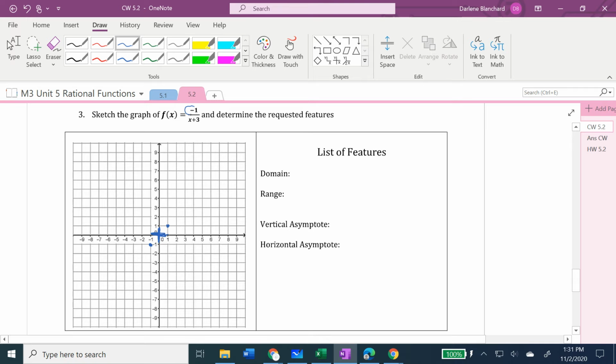The only multiplication here is a multiplication by -1. So that's going to flip this upside down. It's taking the y coordinates of 1 and -1 and multiplying them by -1.